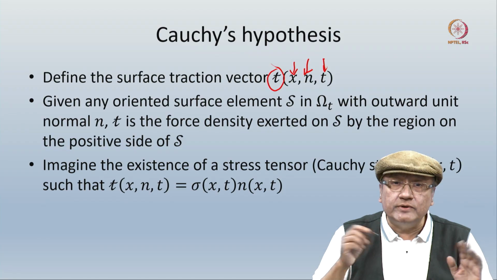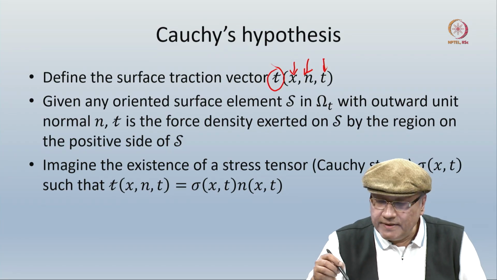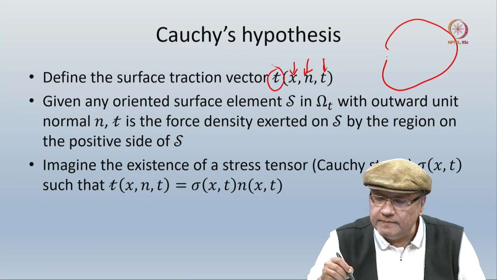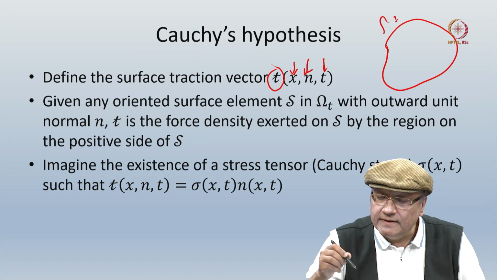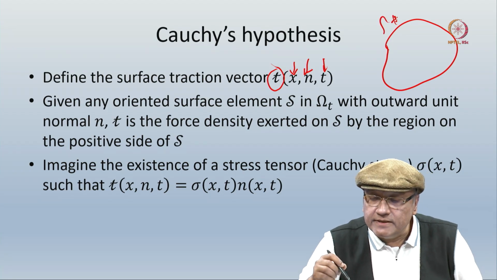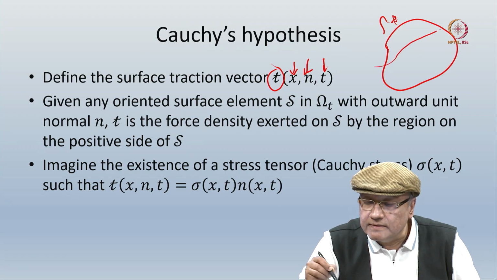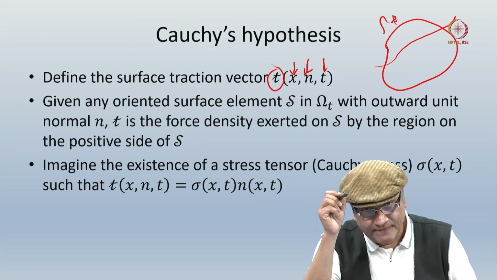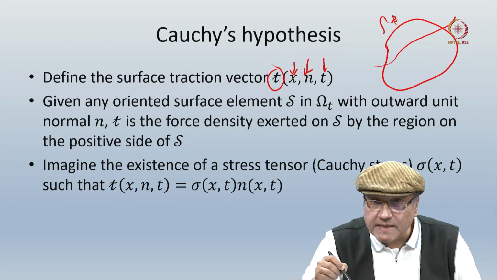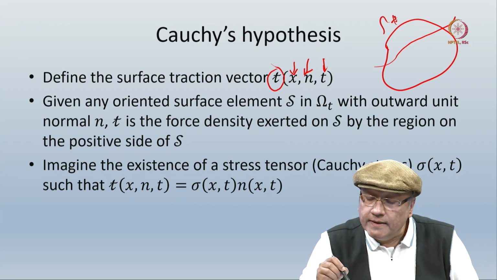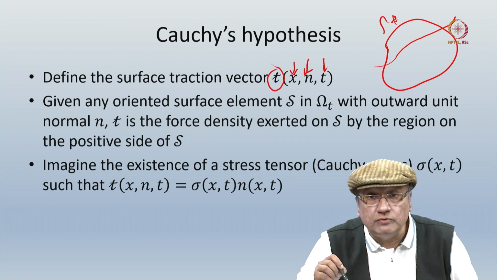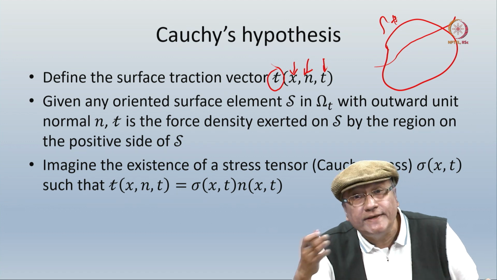That means what you are doing, this is your omega t, correct, and you can actually take any surface cut through this omega t, or you can do it over a subset of it also. Okay. So, on this surface you have to treat it as an oriented surface.